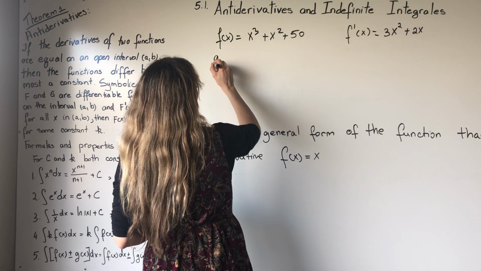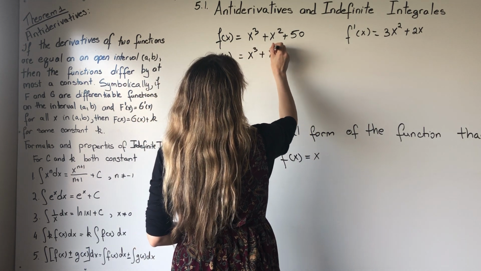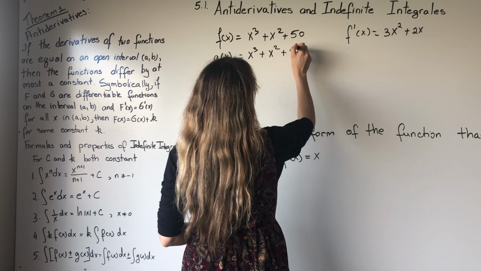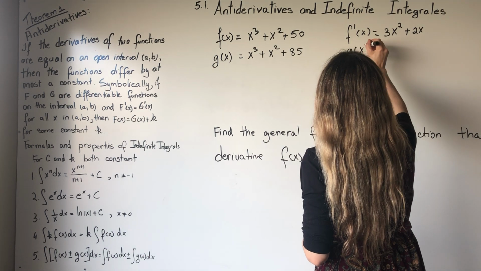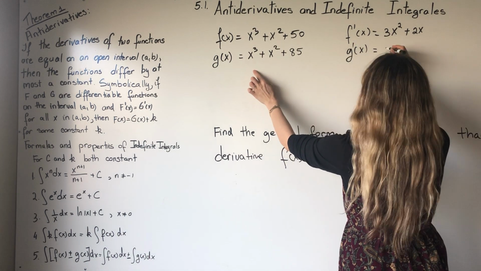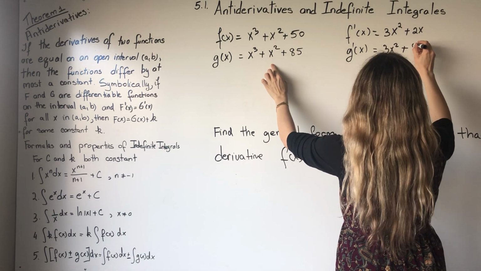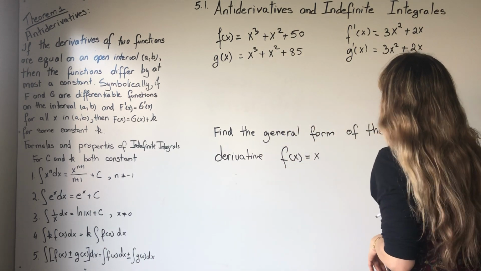Let's have g of x, as x to the third plus x squared plus 85. Let me take the derivative of g of x. Once again, x to the third will be 3x squared, plus x squared will be 2x, and the derivative of a constant is 0.